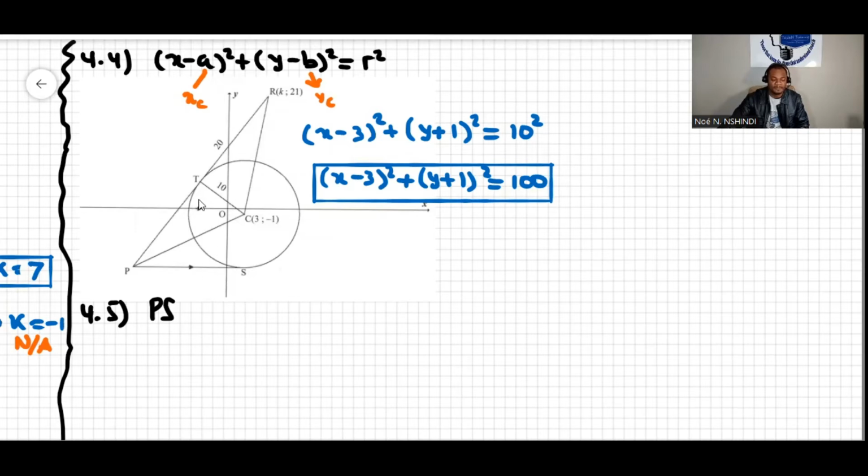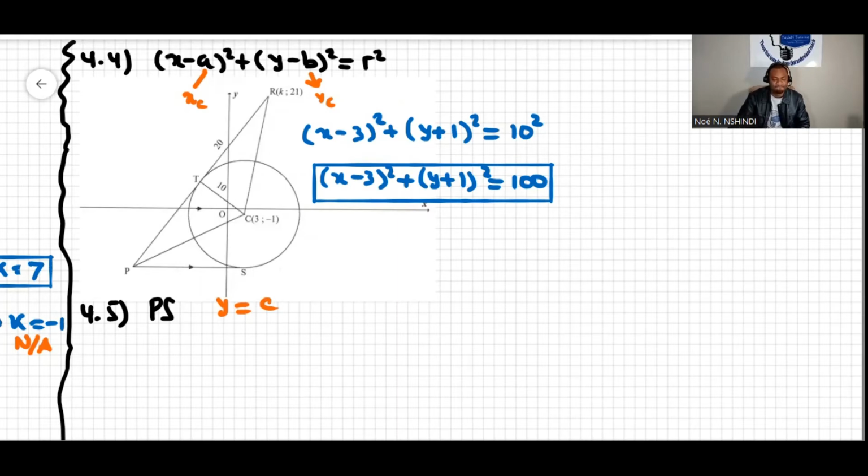And then horizontal lines are of the form y equal to c. That's the general form of horizontal lines, like y equal to 5, y equal to 10, y equal to 7, and then 5, 7, 10 are all the y-intercepts. It's going to be the same value all the way through the line.